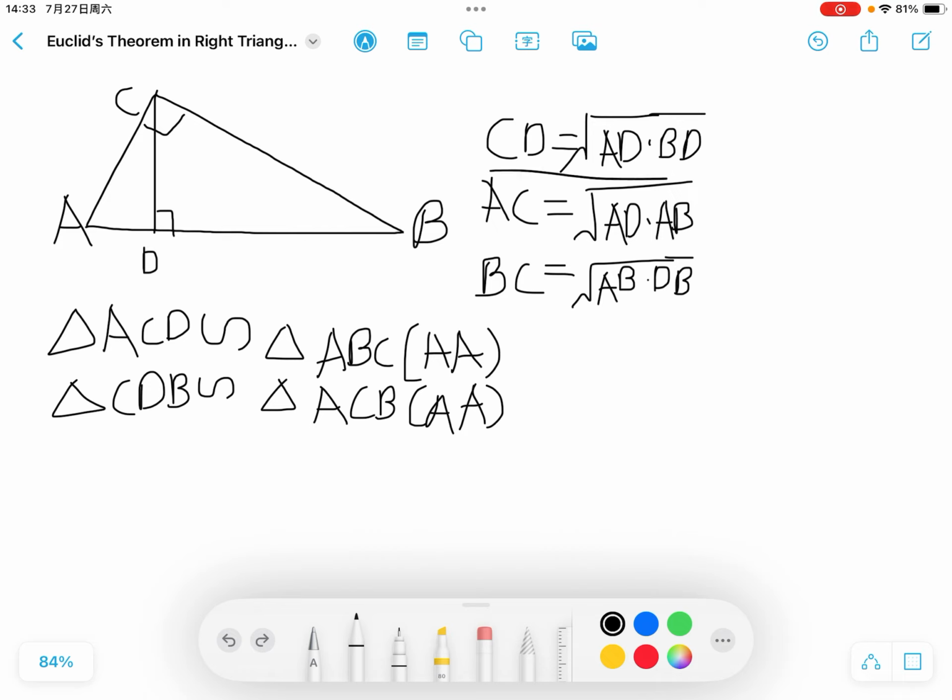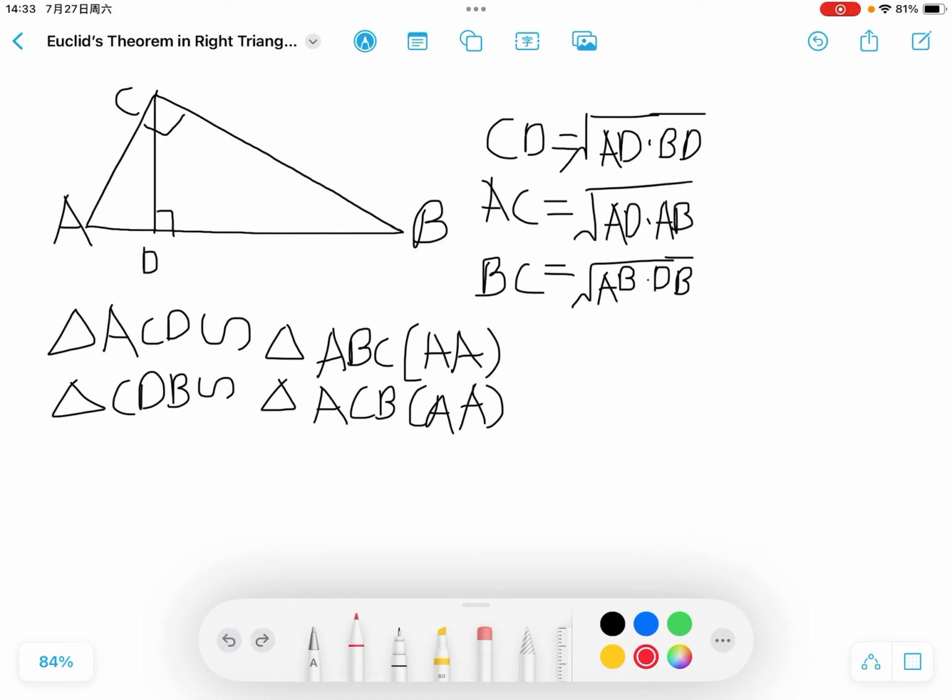So firstly, we want to prove the first rule here, which is CD is equal to the square root of AD times BD. We want to find 2 triangles which are similar, when we already have 3. So we need to pick 2 out of 3 triangles which contain sides CD, AD and BD. Once we draw the side lines, it's kind of obvious which two triangles to pick.